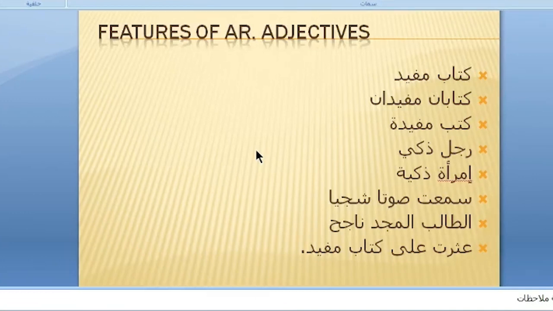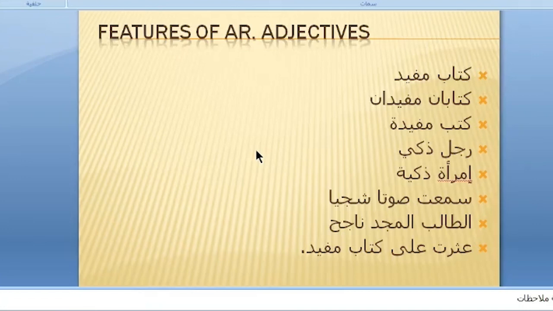كتب مفيدة, the adjective مفيدة terminates with feminine ta. Why? Because the noun كتب is a plural. So there is a morpheme at the end of the adjective, and this morpheme is feminine ta, because we have a plural number. In English, we say useful books. Again, the adjective does not change.